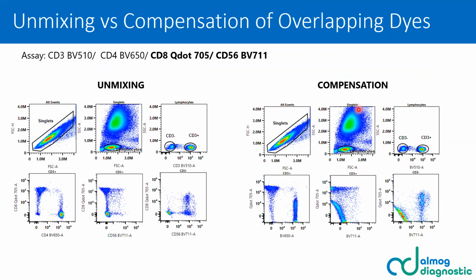So here, let's look at the performance of unmixing and compensation on two heavily overlapping dyes. We have a panel that contains 4 markers, 4 fluorochromes, and we are looking at 2 fluorochromes, the Q.705 and Brilliant Violet 711, whose emission peaks are heavily overlapping.